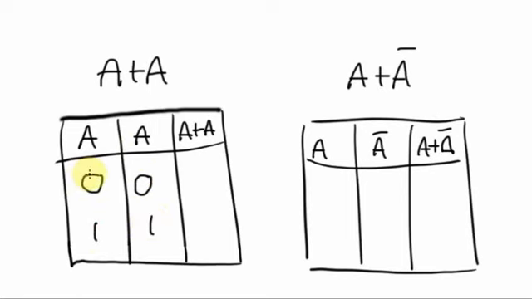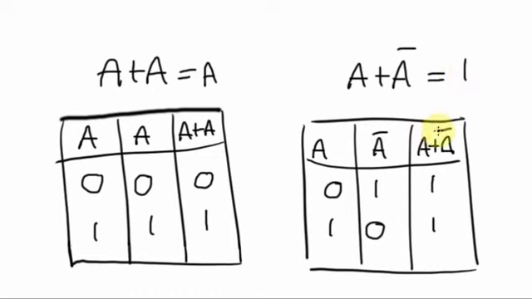So if A or A in this case is 0, 0 or 0 is 0, 1 or 1 is 1. So whatever A happens to be, A or A is A. On this one, if our inputs are 0 and 1, not A has to be 1 and 0. So in this case, 0 or 1 is 1, 1 or 0 is also 1, so it doesn't matter what A or not A is.